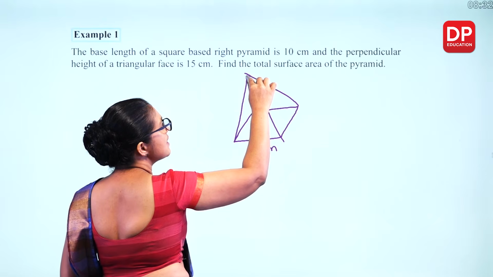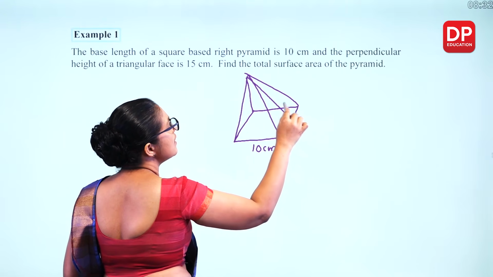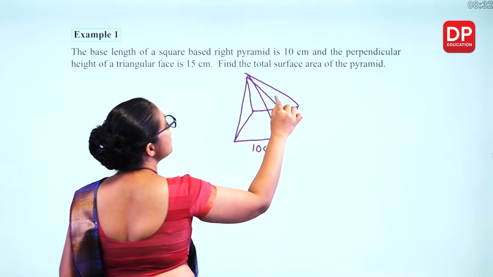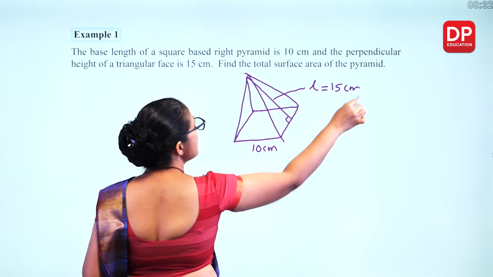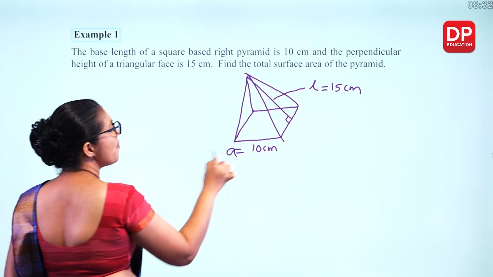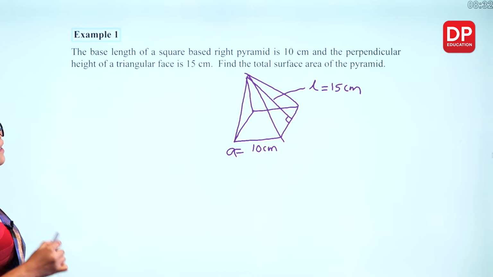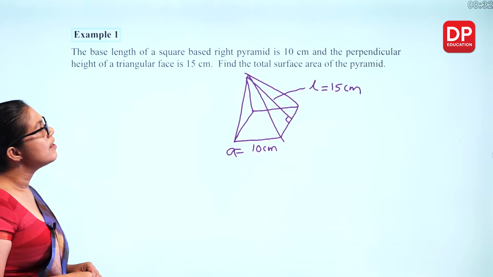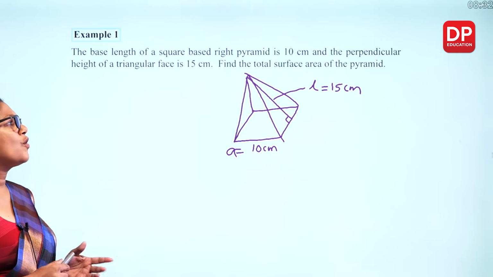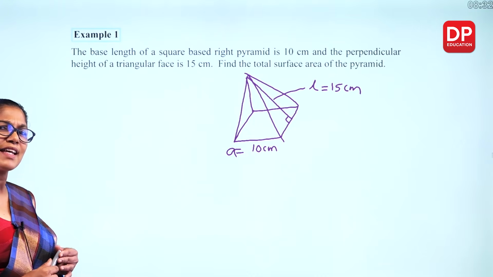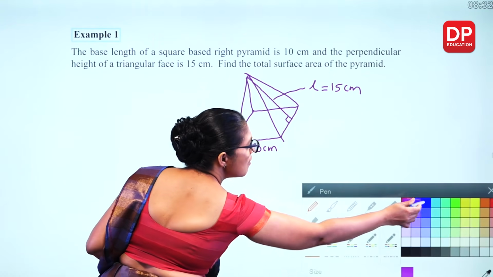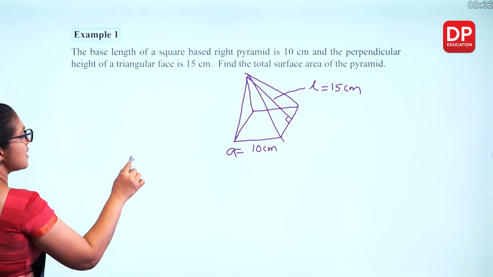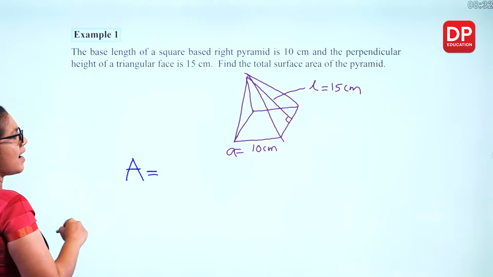And the perpendicular height of a triangular face. What's the letter we used? L. So L is given, 15 centimeters here. What's the letter we use for base length? a. So you are asked to find out the total surface area. We know a and L, so this is case 1. Straight away you can use the formula. What's total surface area?